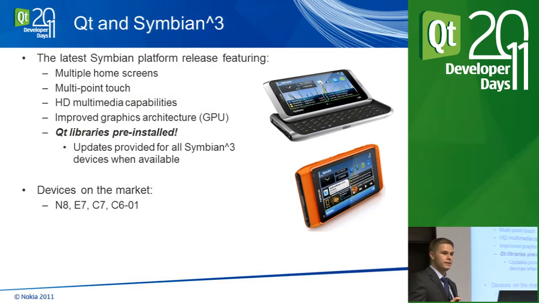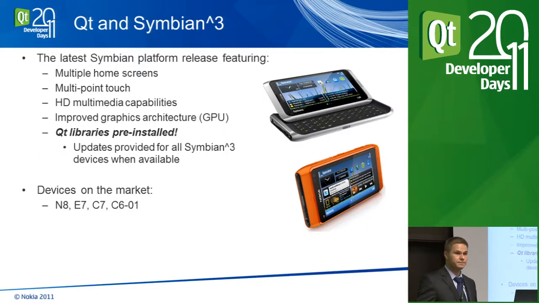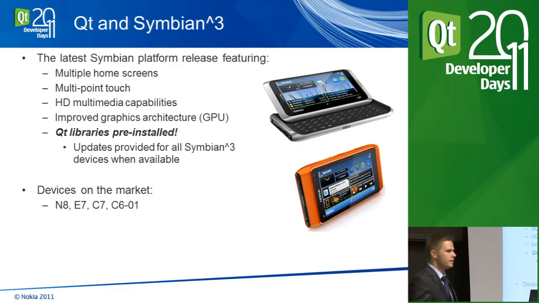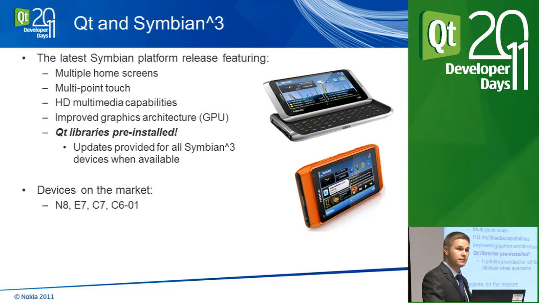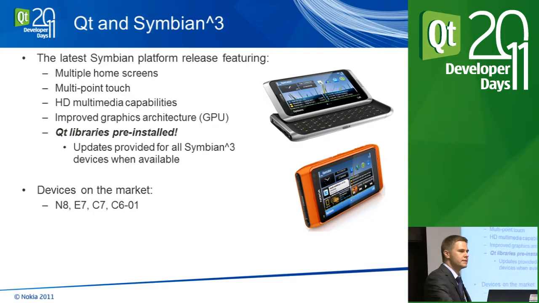Okay, so Qt and Symbian 3. Symbian 3 is the latest Symbian platform. The devices that are using Symbian 3 come with Qt pre-installed. And the latest Symbian 3 release is called Belle. It's not available for all devices yet, but eventually it will be.